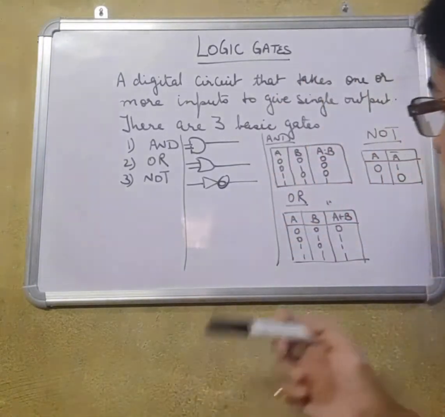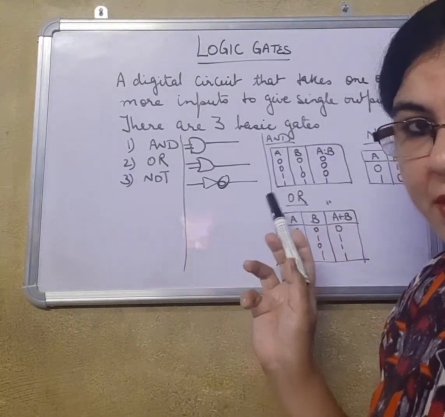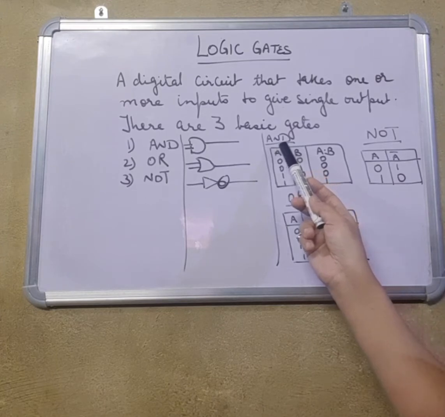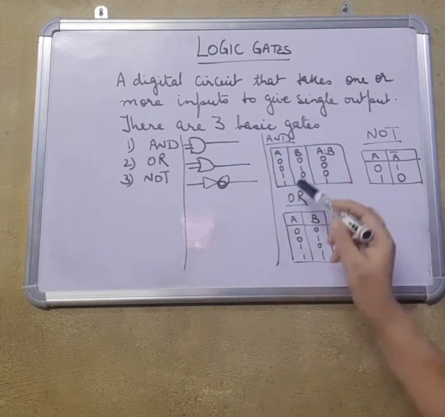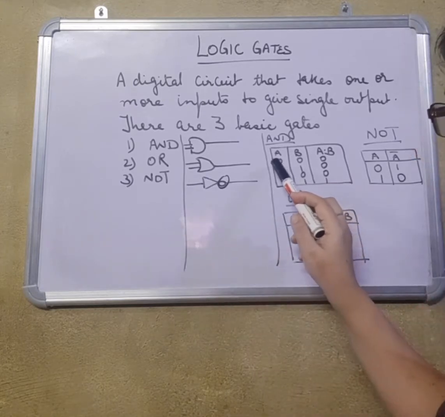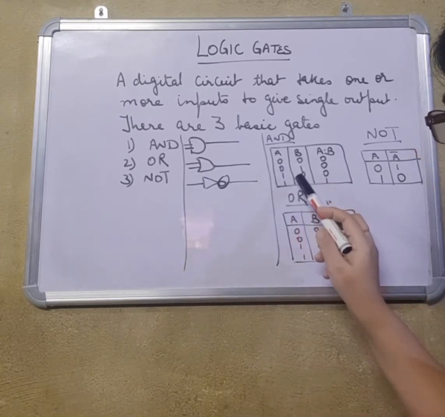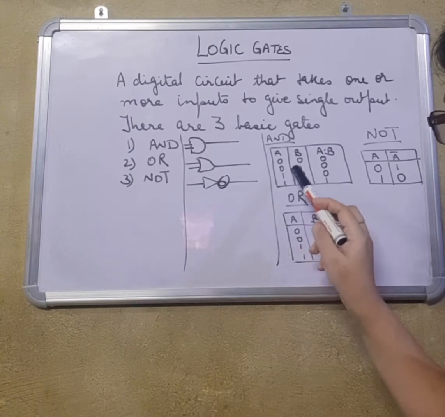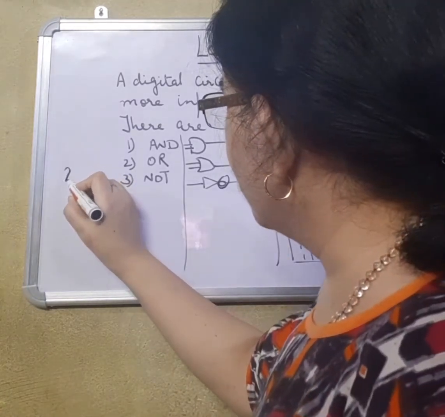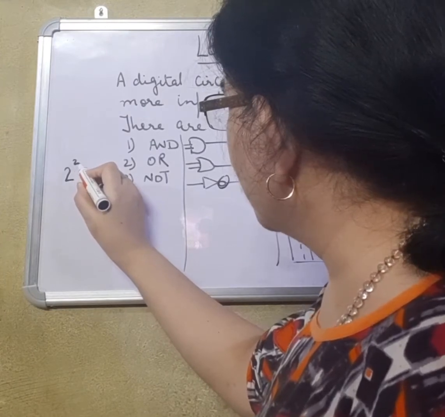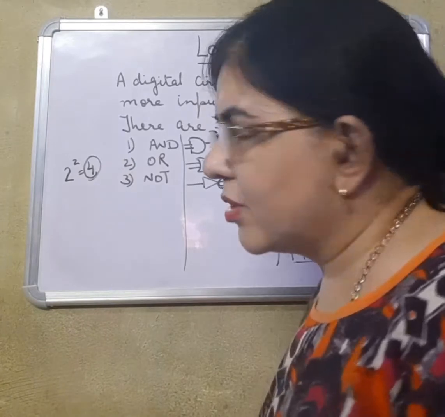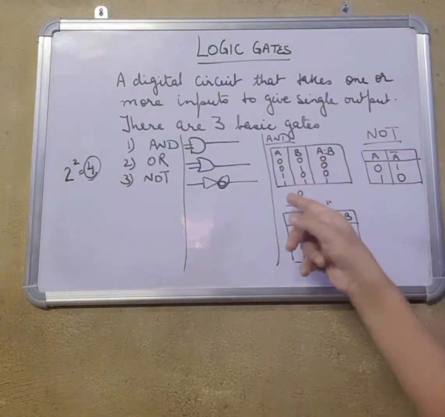Now let's look at the truth tables of these three. This is the truth table of AND gate. As I told you, if both the inputs are 1, then only it will give you 1. So here I have made the input signals A and B. In Boolean algebra, you have to remember if there are two inputs, 2 to the power 2 gives 4 combinations in order to evaluate.